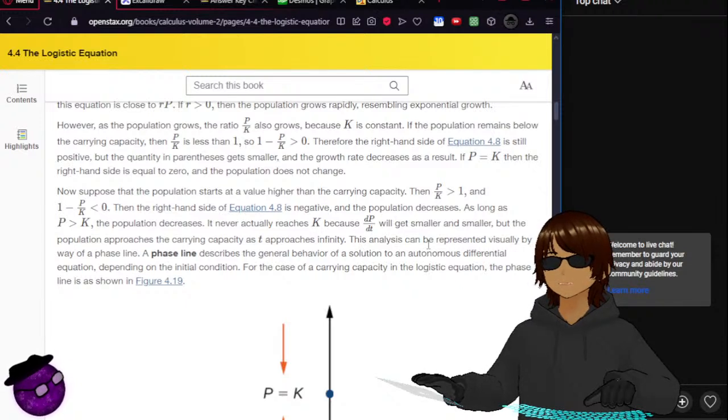This analysis can be represented visually by way of a phase line. A phase line describes the general behavior of a solution to an autonomous differential equation depending on the initial condition.